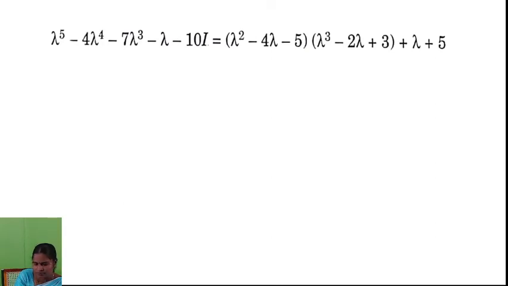Therefore the remaining term will be lambda plus 5.